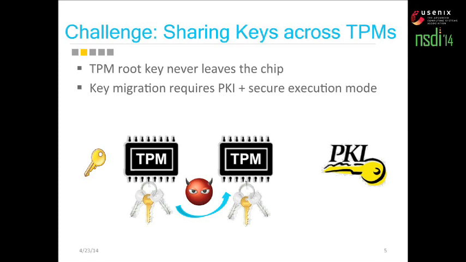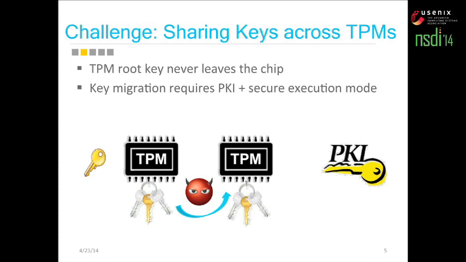And then the keys generated by the TPM that will be used by the applications are either in the TPM chip or protected by these root keys when they are outside of the TPM chip. As a result, as long as these root keys never leave the TPM chip, the keys generated by the TPM chip will be secrets only known to the TPM chip itself.